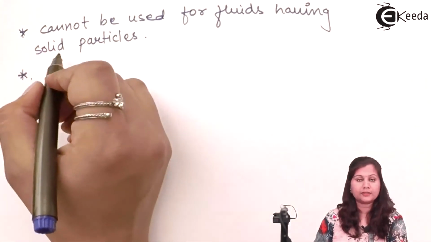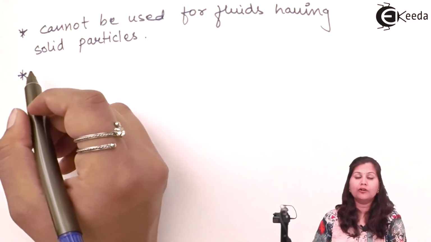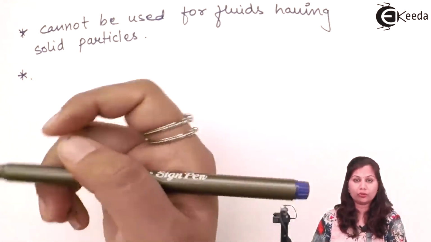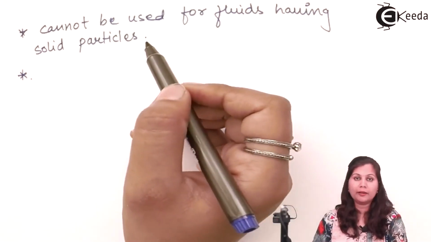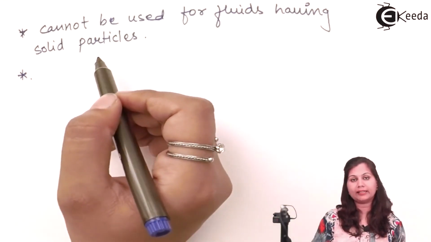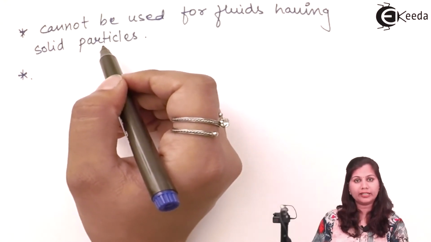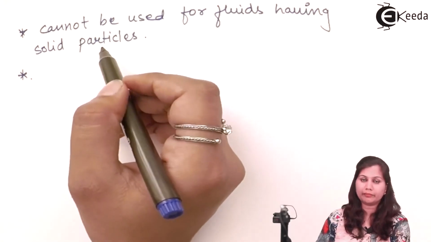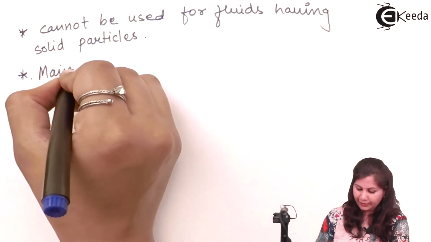Now this flow nozzle cannot be used as a flow meter for measuring the flow rate of fluids which have solid particles, because these solid particles can damage the flow nozzle. Also they can give inaccurate results in the measurement. Also its maintenance is very high.